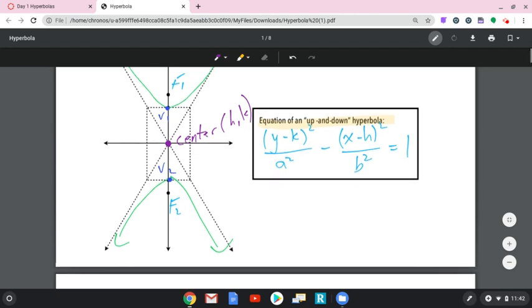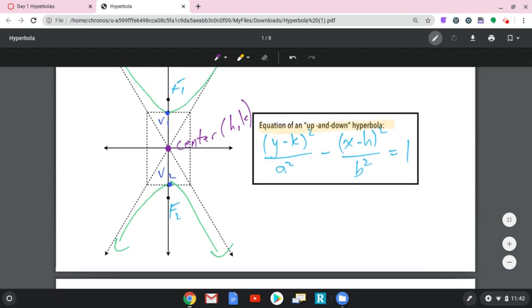Excellent. The difference with the up and down now is with the vertices. You're still adding a, but you're not adding a to your x. You're adding a to your y. So it's (h, k plus or minus a). Those are my two vertices.